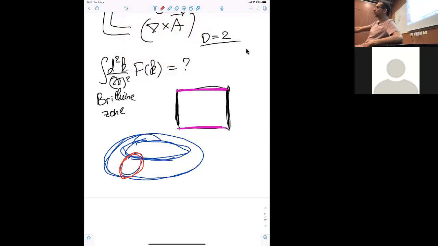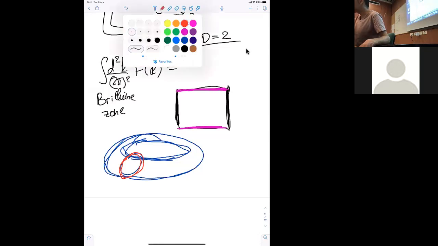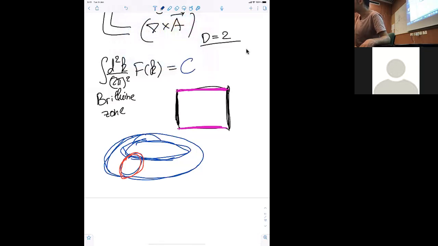So sphere would be a simply connected manifold, and all loops on the sphere will be contractible, as opposed to a torus where loops are not contractible, and therefore it's not a simply connected manifold, and therefore this integral no longer vanishes, but you can show that this thing is actually quantized.